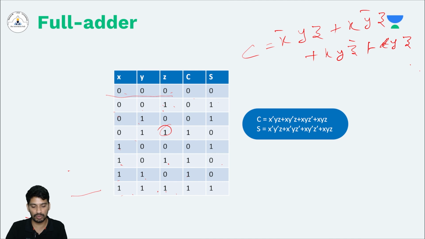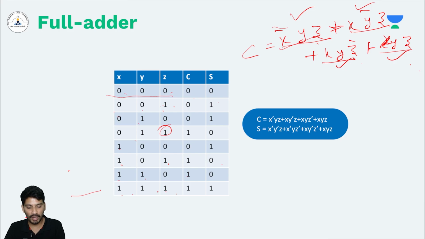There is no pattern also. So in order to implement C, you will require four 3 input AND gates and then a 4 input OR gate, and there are complements also, so you require NOT gates also, right? So it is a very tedious job to implement this big function. So how to solve these big expressions or truth tables?